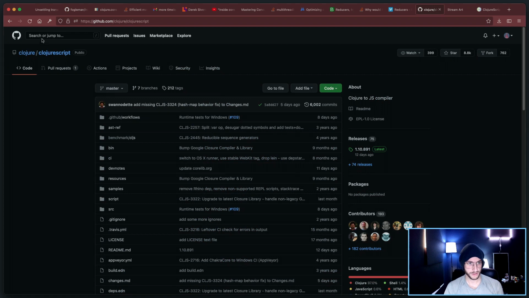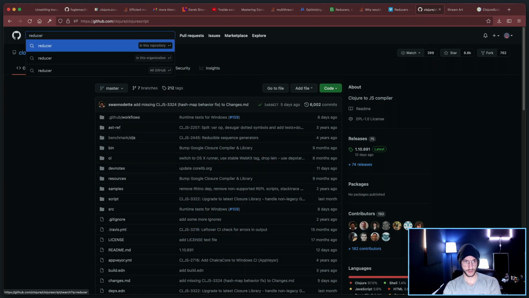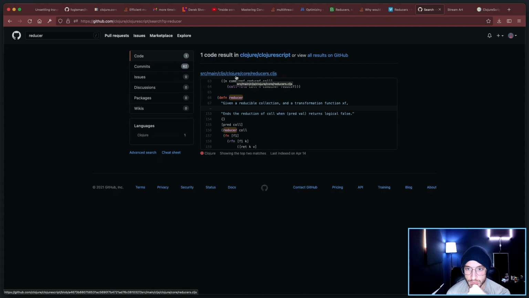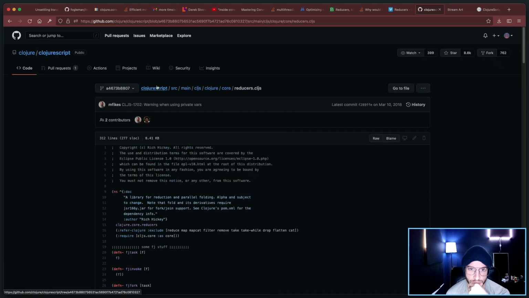Let's see, let's search this repo for reducer. So it does have reducers. I'm a little, okay.